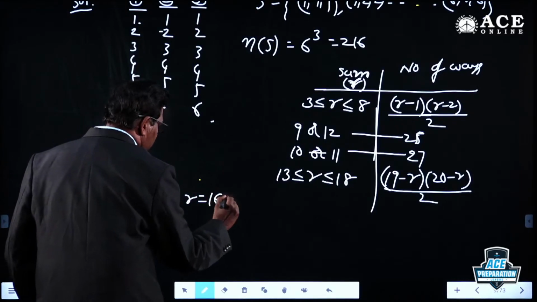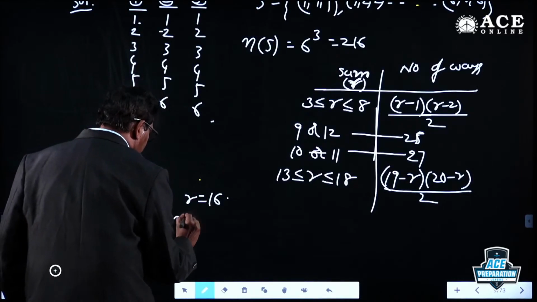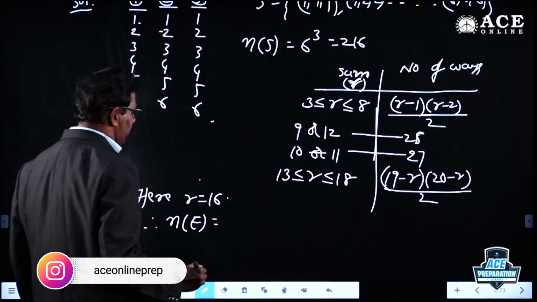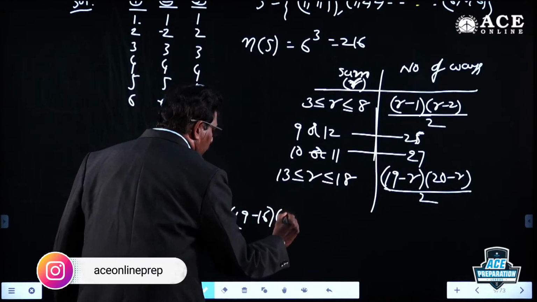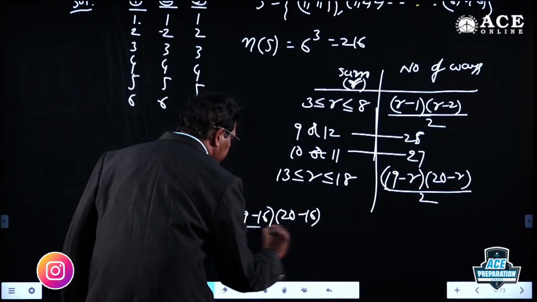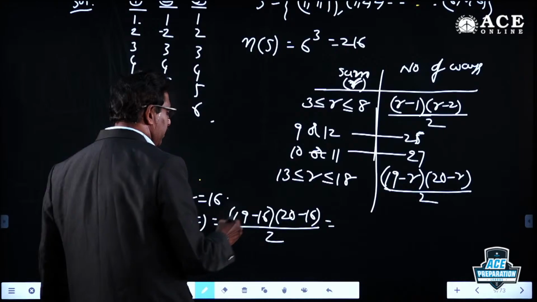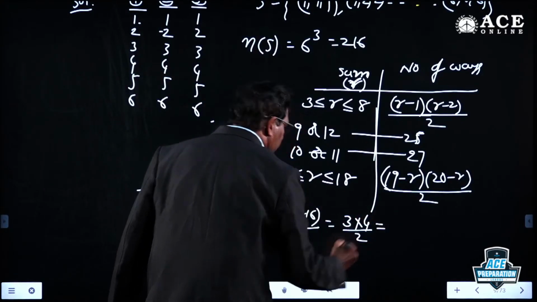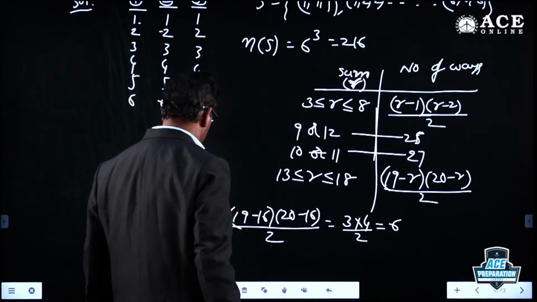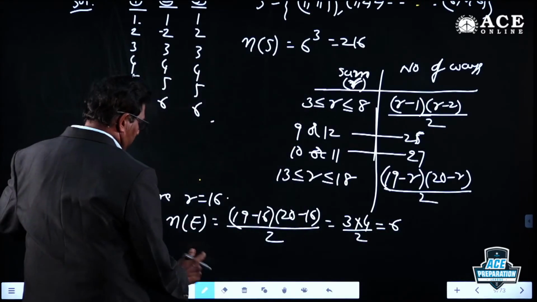Therefore n of E, the number of favorable cases, is (19 minus 16) into (20 minus 16) by 2. 19 minus 16 is 3, so 3 into 4 by 2, which is 6.